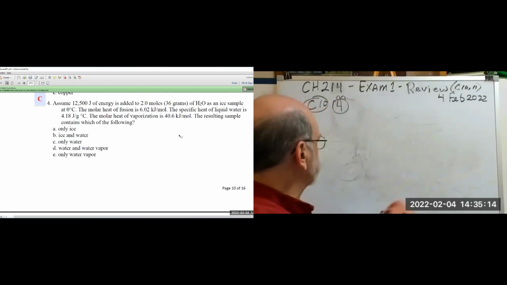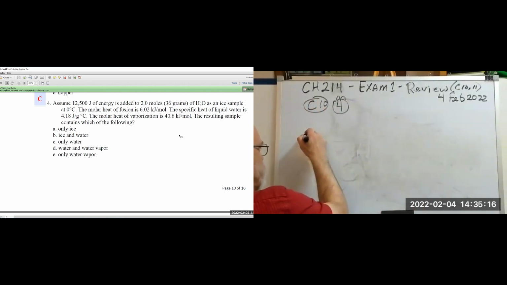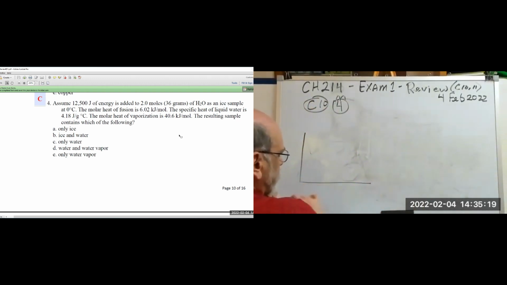So what they're looking at is a phase diagram of this type. So we've got the temperature here, and this is progress. So as the temperature goes up from here to here, this is the solid. This is the solid and liquid melting, right? This is the liquid only.